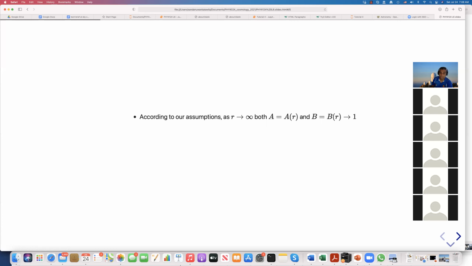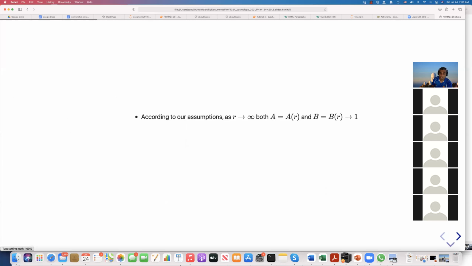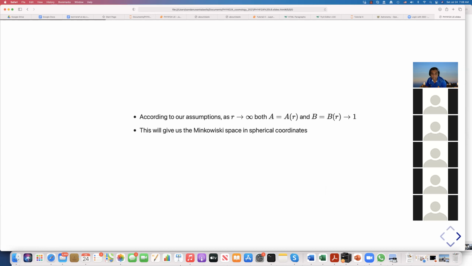Right. So according to our assumptions, remember that this should also be asymptotically flat. Which means when r goes to infinity, that is, when it goes further and further out from a spherical body, your metric should reduce to the Minkowski space. So let's see whether having this information, we will have that condition.